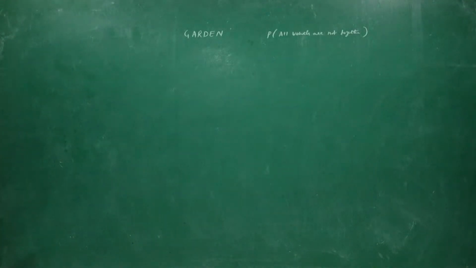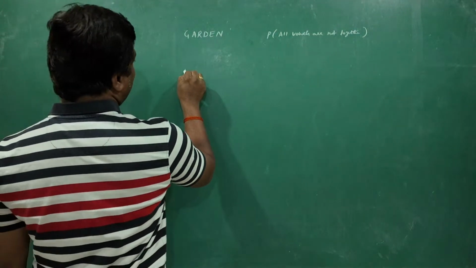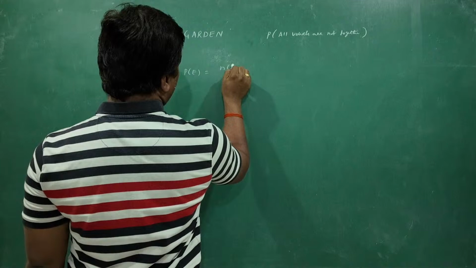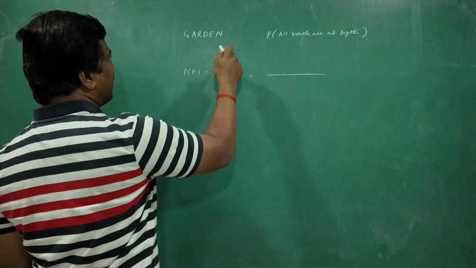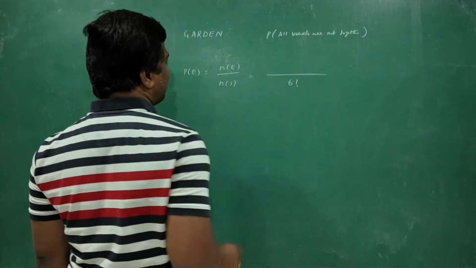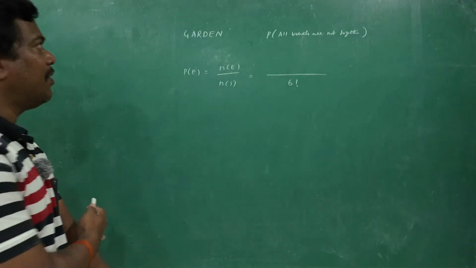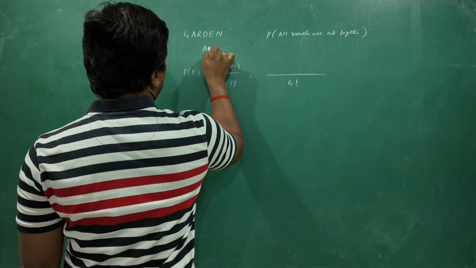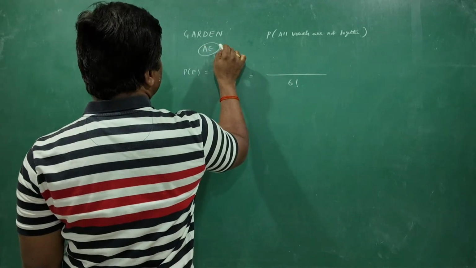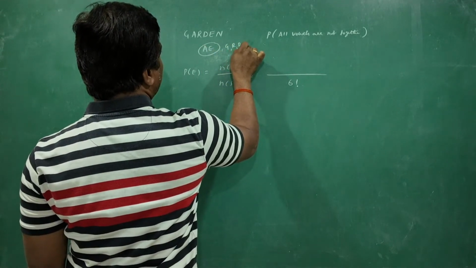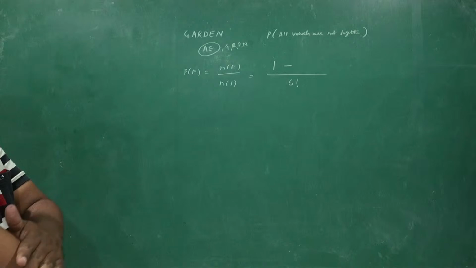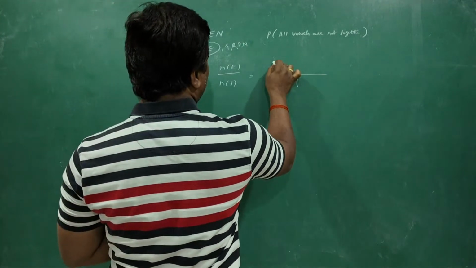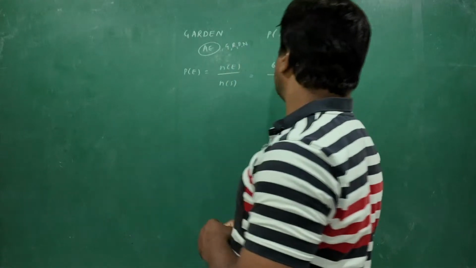Yes. Total how many possibilities are there, that you have to express in the denominator part? By the definition of probability of an event, you have to write n of E by n of S. What is n of S? Total without repetition there are 6 letters, so 6 factorial in the denominator part, and the condition: all vowels are not together. Suppose vowels are together, A and E as one bunch, remaining G, R, D, N. So from total 6 factorial you have to remove vowels together.